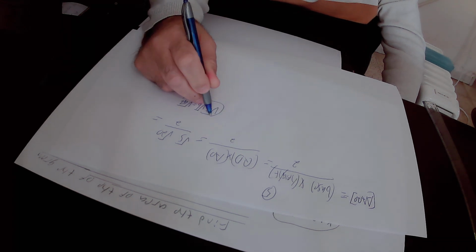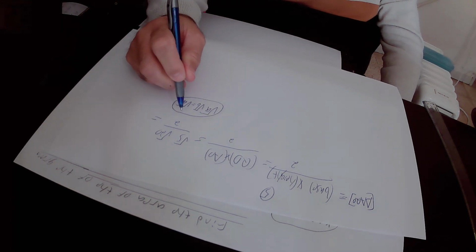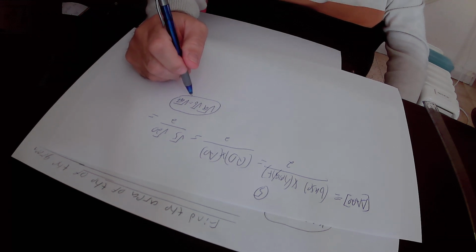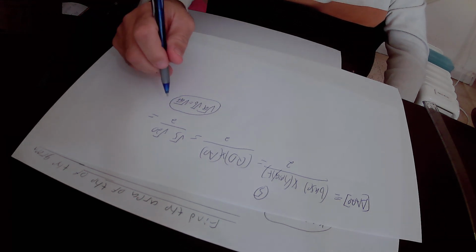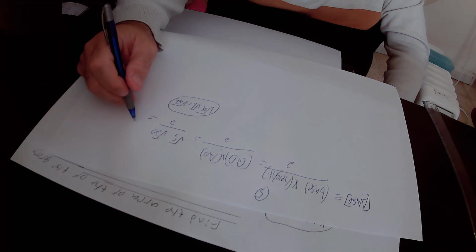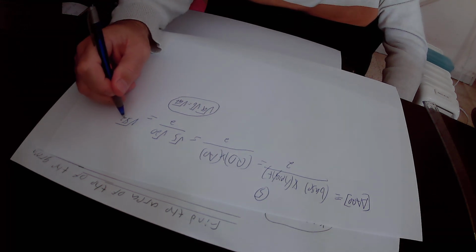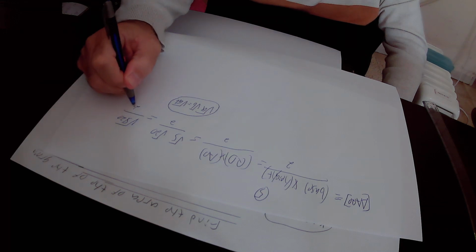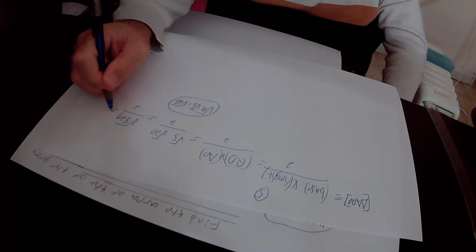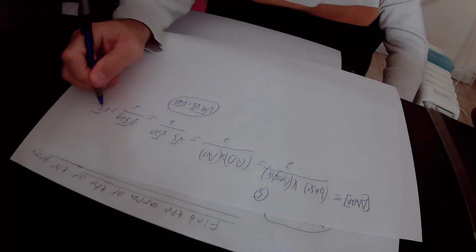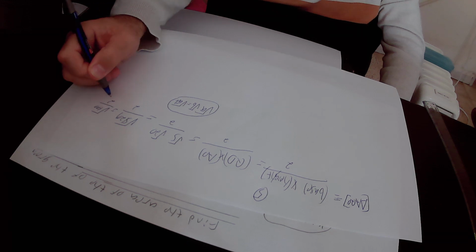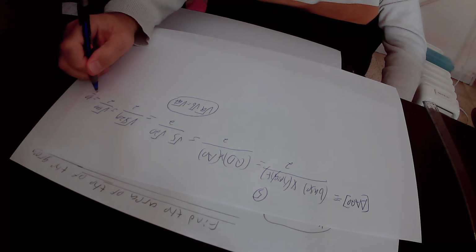We use this identity here. According to this identity, we get that the square root of 5 times square root of 20 equals the square root of 5 times 20, over 2. 5 times 20 is 100, so inside the root we are left only with 100 over 2. The square root of 100 is 10, and 10 over 2 is 5.